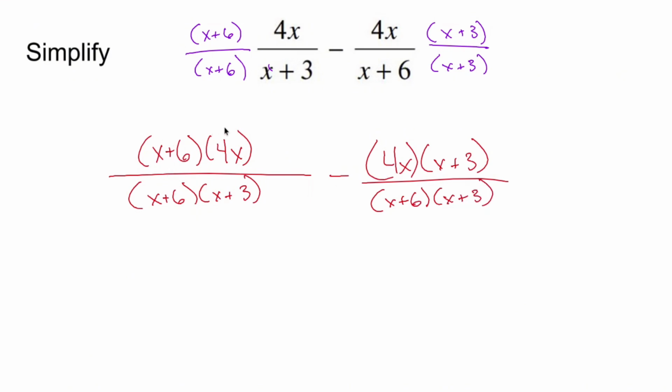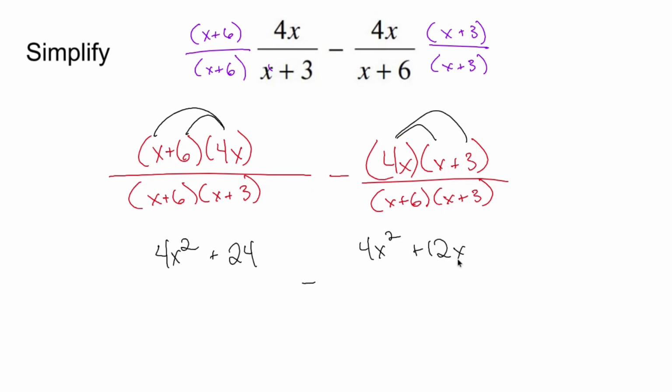Let's distribute. 4x times x is 4x squared. 4x times 6 is 24x. 4x times x is 4x squared. How nice. 4x times 3 is 12x.